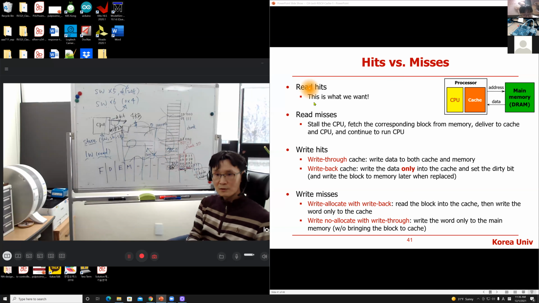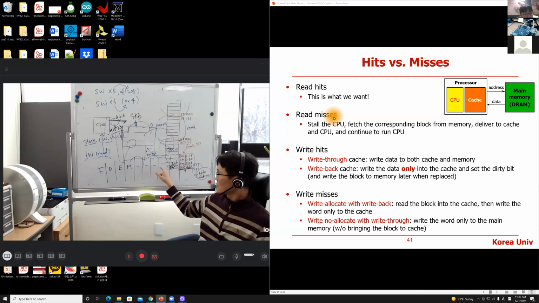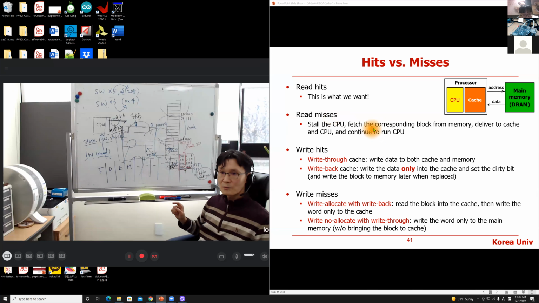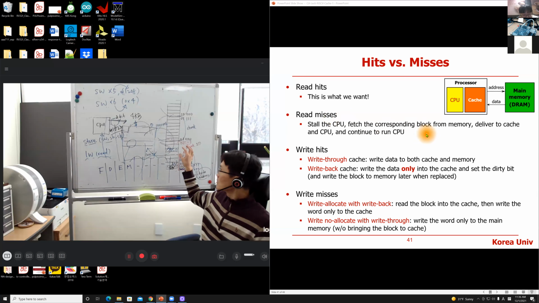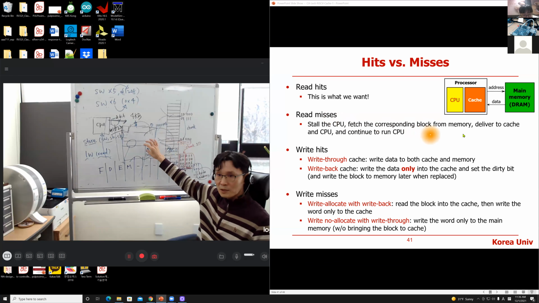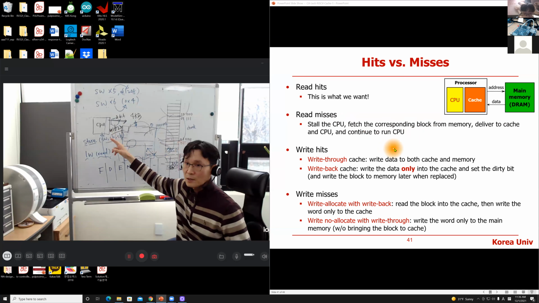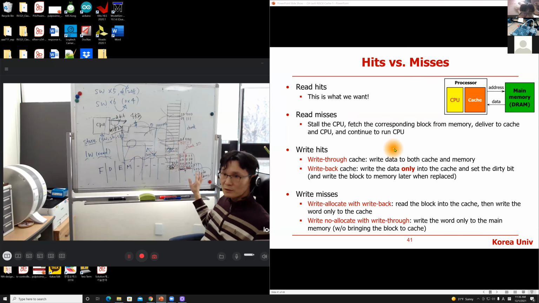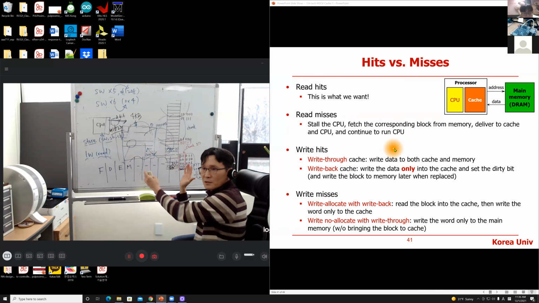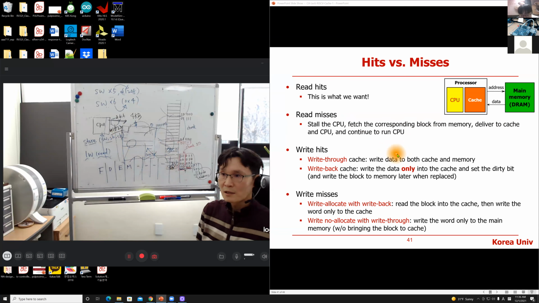Stall the CPU, fetch corresponding block from main memory and deliver to the cache and CPU. Okay, then write back, continue to run. So that is pipeline execution diagram. You have to stop the pipe, right? Eugene, can you please?